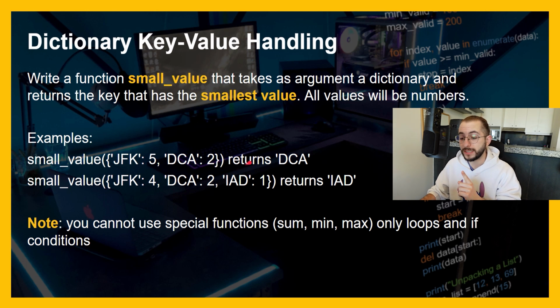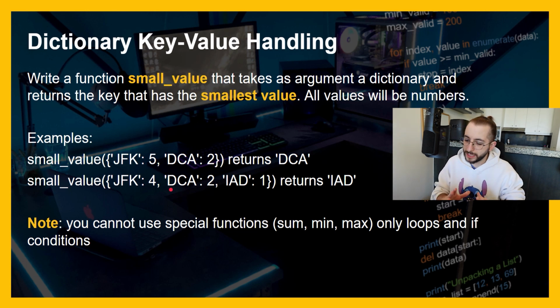It returns DCA. This function should actually return the key that has the smallest value. So for example, right here, we have JFK, DCA, IAD, and we have 4, 2, and 1. That means IAD should be returned out of these.